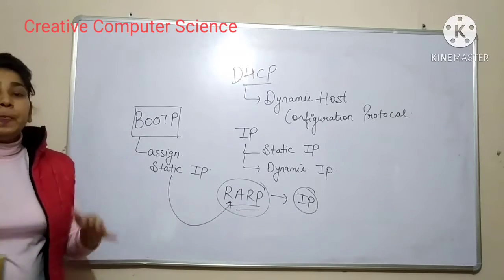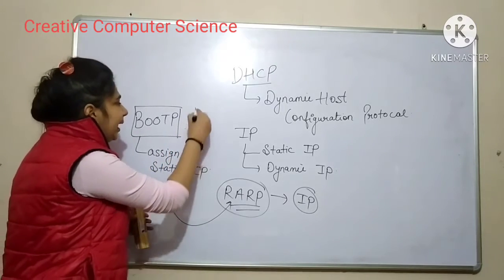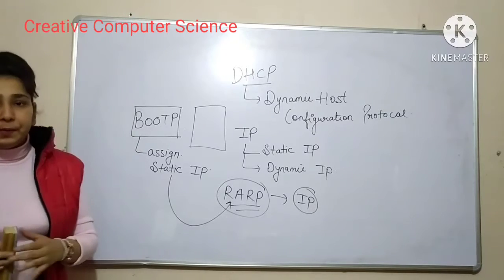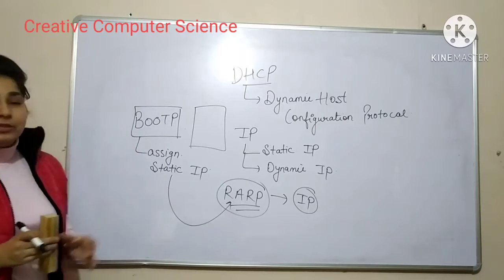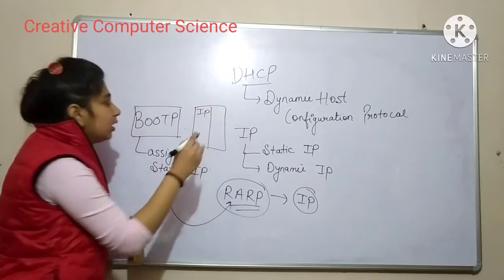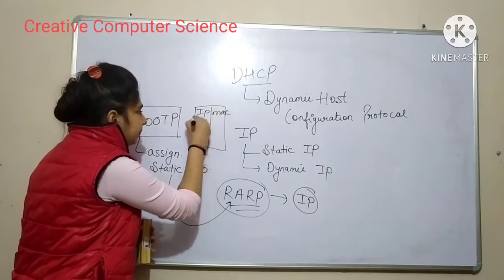So what happened in BOOTP? We have one table present on the BOOTP server. In this table, for each IP address we have written a corresponding MAC address.